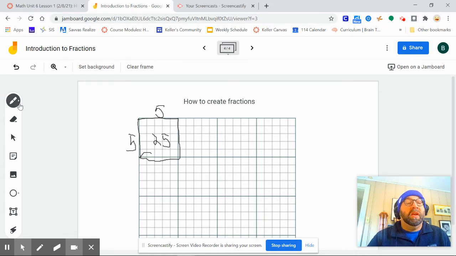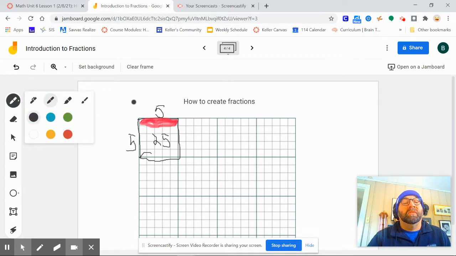If we wanted to create a fraction, we could color in 5 of these total squares. And so we're going to have a fraction of 5/25, so 5 parts to the whole.